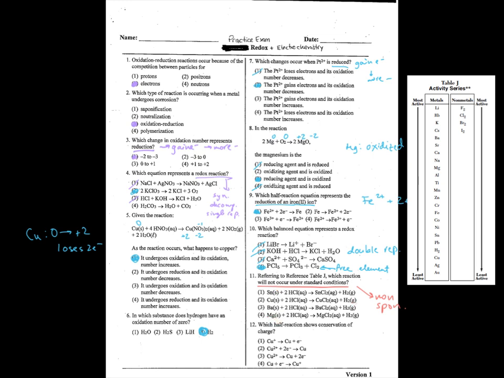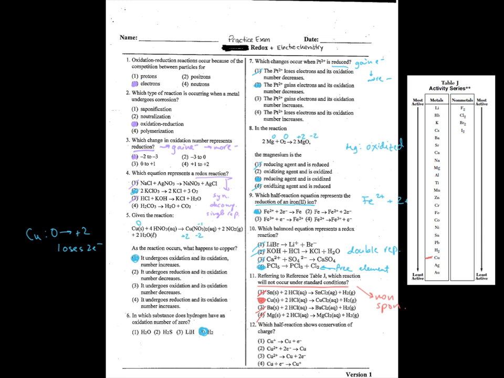So we're looking for something that is below H2. So we see that Sn is above H2. Cu is below it, so that's a possible choice. Ba is above, and so is Mg. So we're looking at Cu because it's the only one that's below H2 and less active. So non-spontaneous means the less active one is the free element. Okay.